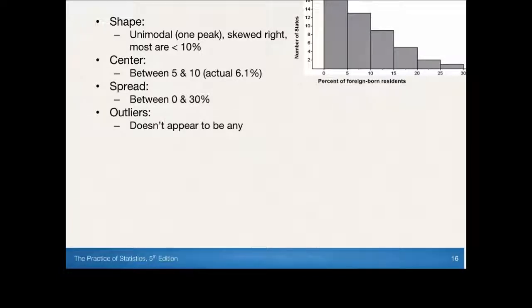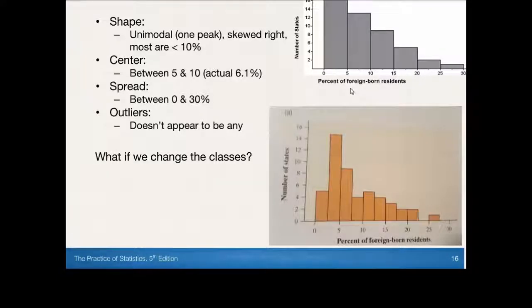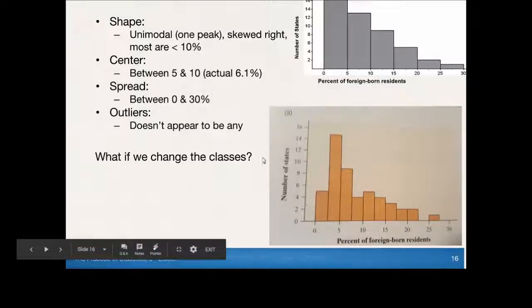So what happens if we take that data and we change the classes? Let's say instead of going from 0 to 5 and 5 to 10, we go to half of that, 0 to 2.5, and then 2.5 to 5, 5 to 7.5, and so on. This data actually turns into this, and we can see that the shape is still unimodal.